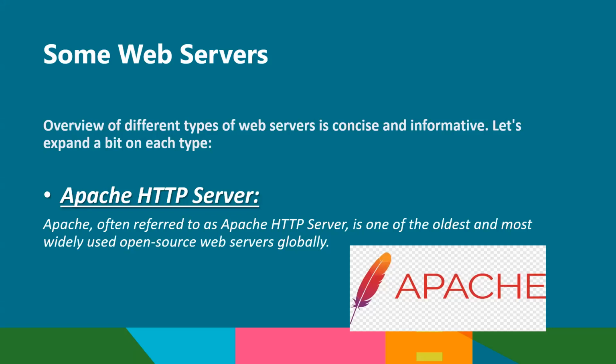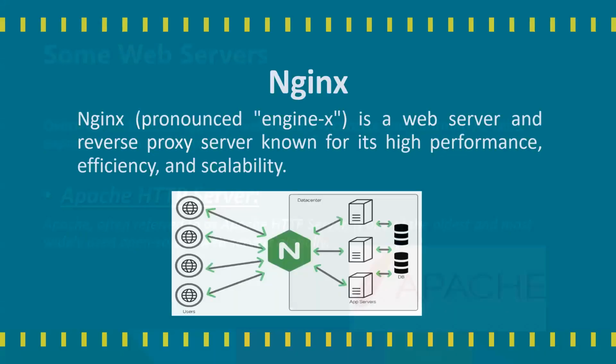Now some web servers: Apache HTTP server, basically it is often referred to as Apache. It is one of the oldest open source web servers globally. Then Nginx, it's a web server and a reverse proxy server known for its high performance, efficiency and scalability.